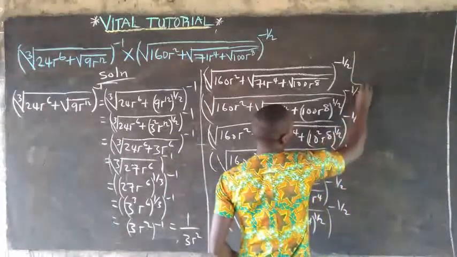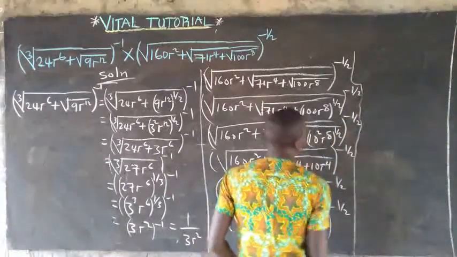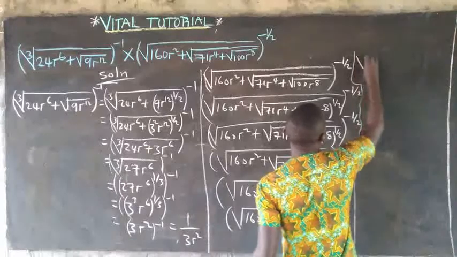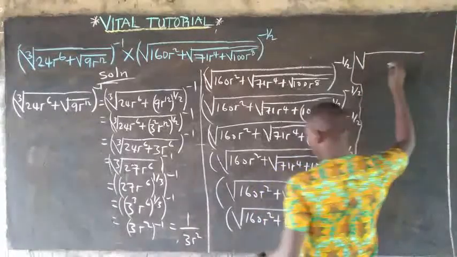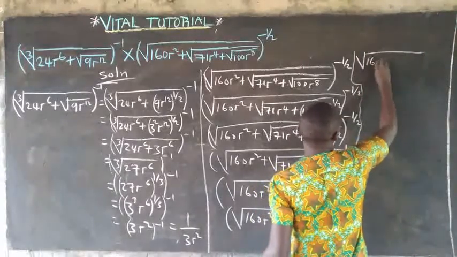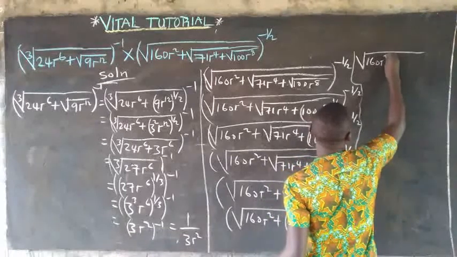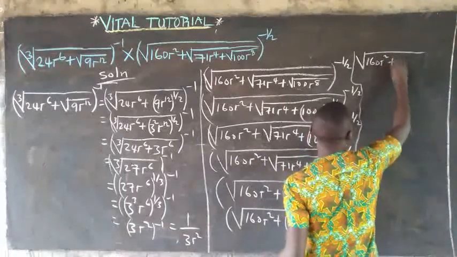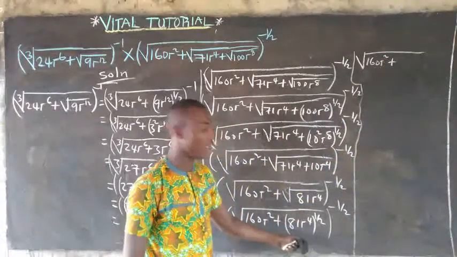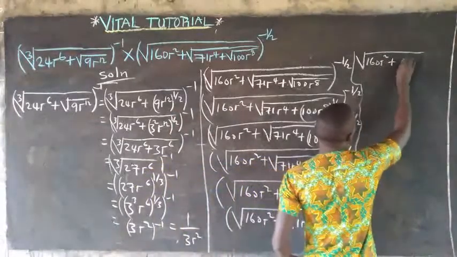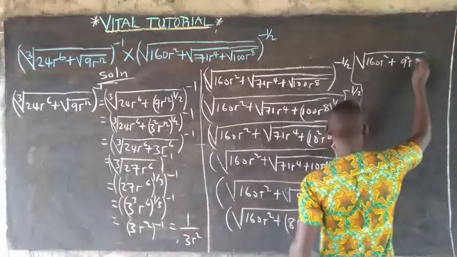I'll be writing this there. So this will be square root of 160 r to the power of 2 plus, this is nothing but what? 81, which is 9 to the power of 2 r to the power of 4.